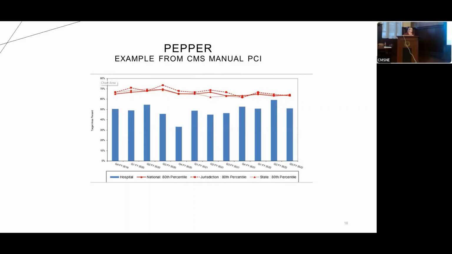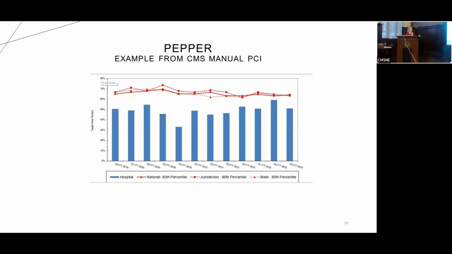Basically it's telling you how you compare to the hospitals in your state, in your region, and nationally for the number of discharges for a huge list of things that your hospital is discharging as an inpatient instead of outpatient. This is just an example that I took from a CMS manual.